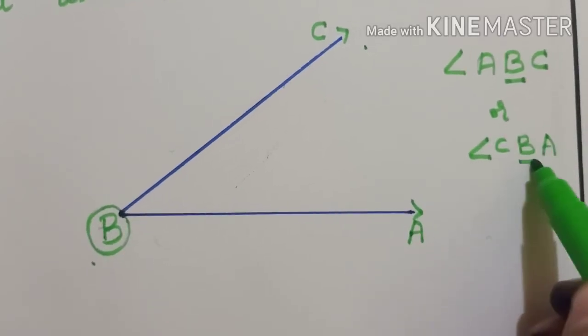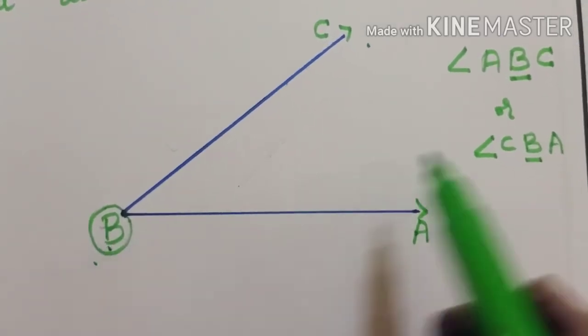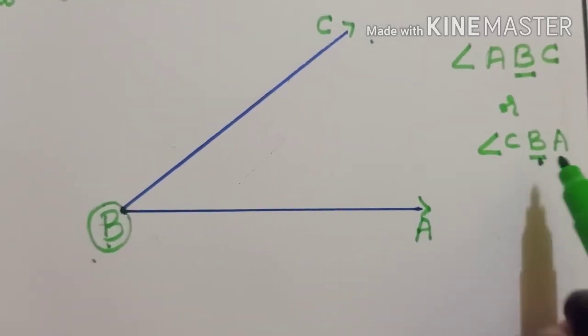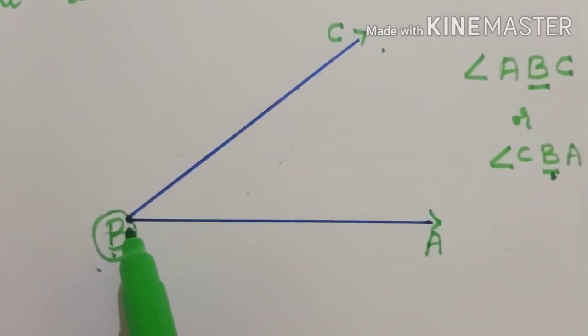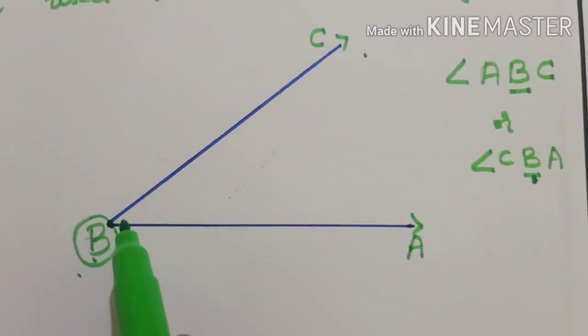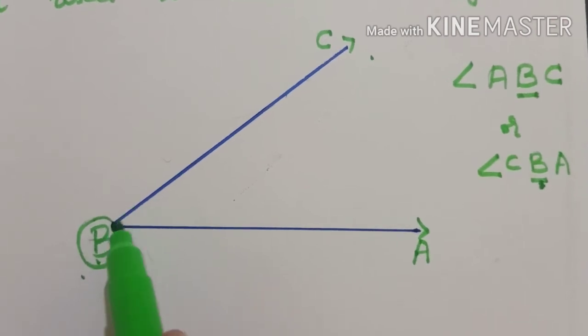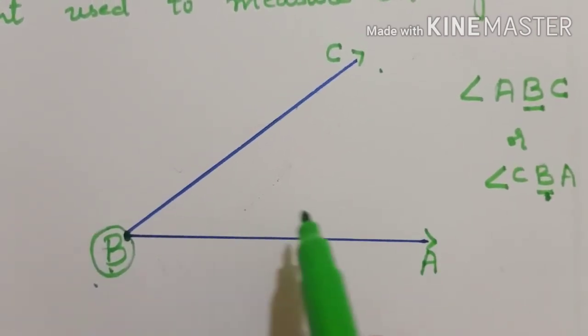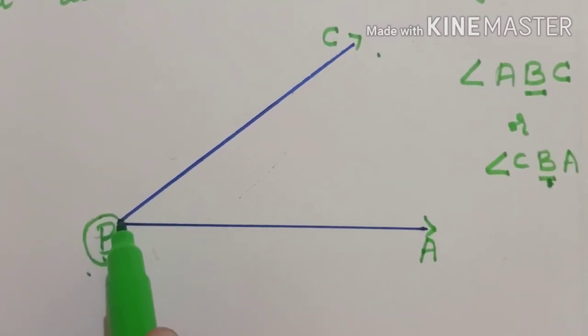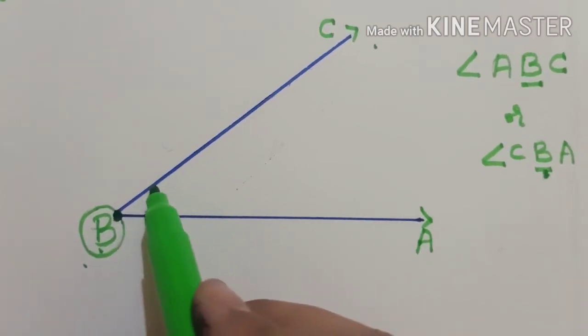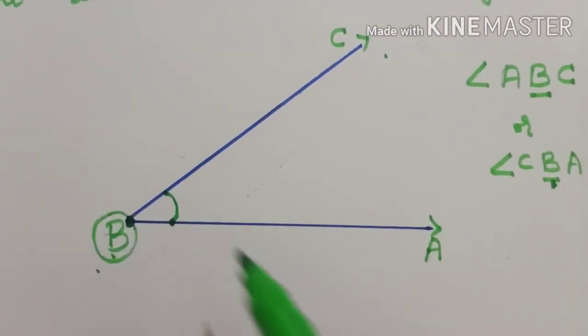But the condition is that B should always be at the center, as it is the common point for both the rays. So when both rays meet at one common point, an angle is formed.